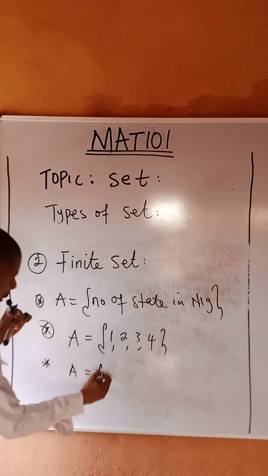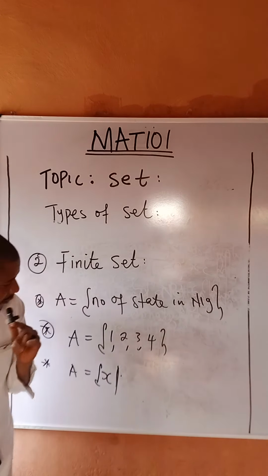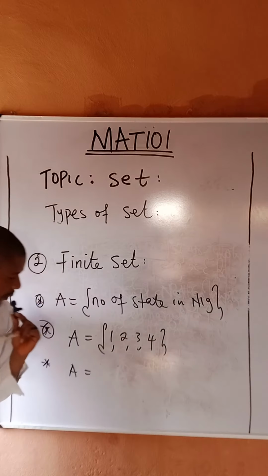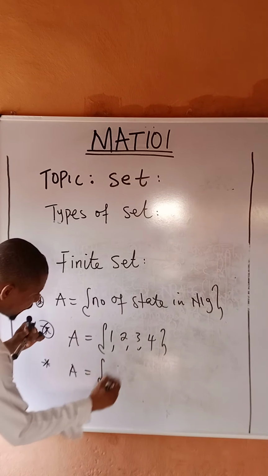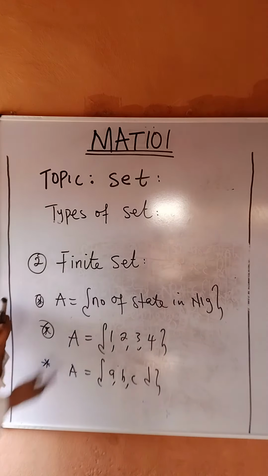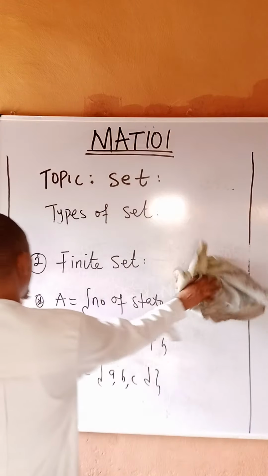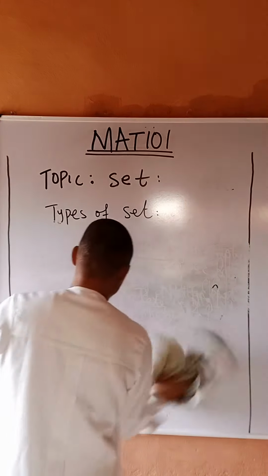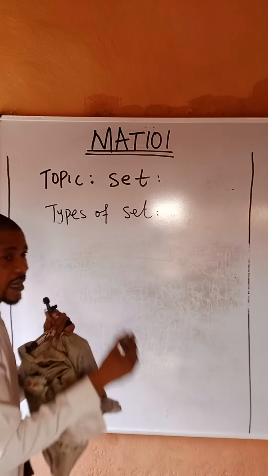Let me pick another one. A is a set of A, B, C, D. This is also a finite set because we can count it. Are we together? There is also another finite set that can be asked in exam.